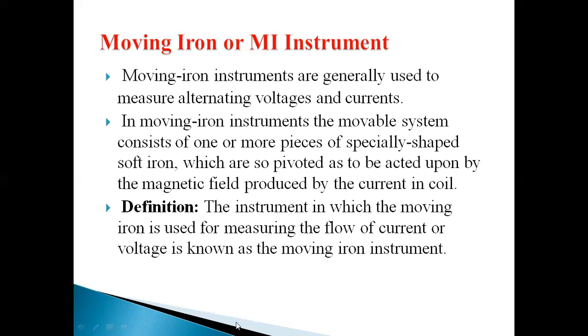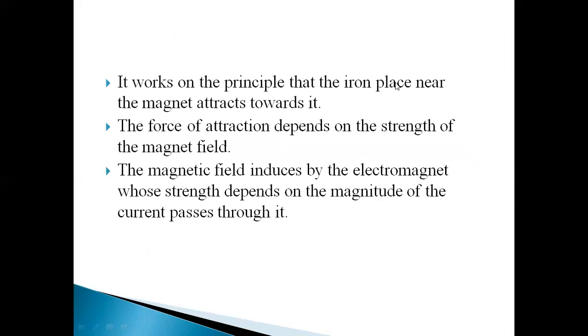So these moving iron instruments work on the principle that the iron placed near the magnet attracts towards it. We generally know that iron is a magnetic material. Whenever it is placed near a magnetic material, it will attract towards it. The force of attraction depends upon the strength of the magnetic field.